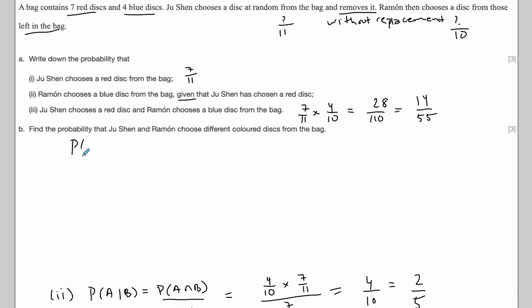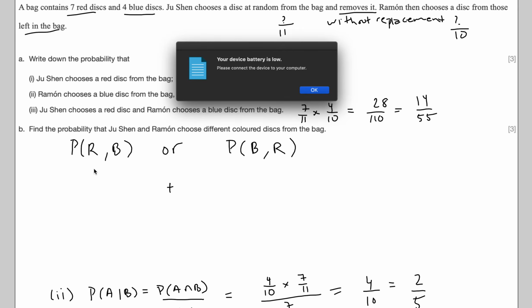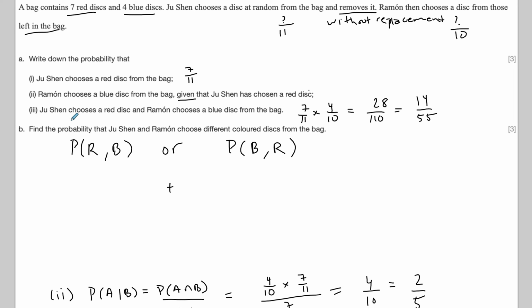Either Jushan picks red and then Raman picks blue, or Jushan picks blue and then Raman picks red. We can find the probability of each and add them together. The OR translates to a plus because you're taking a combination of different possibilities. The first one has already been done, so this was 14 over 55.